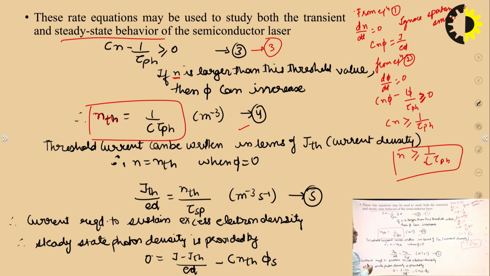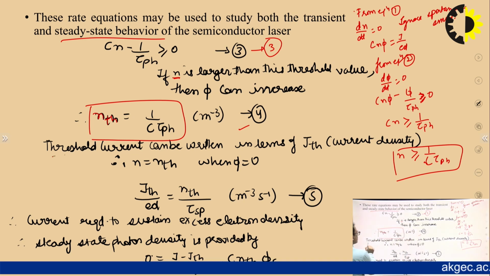Now see this NTH. Can I say this NTH is related to the current density which is applied, means the threshold current which is applied, will be equal to JTH?